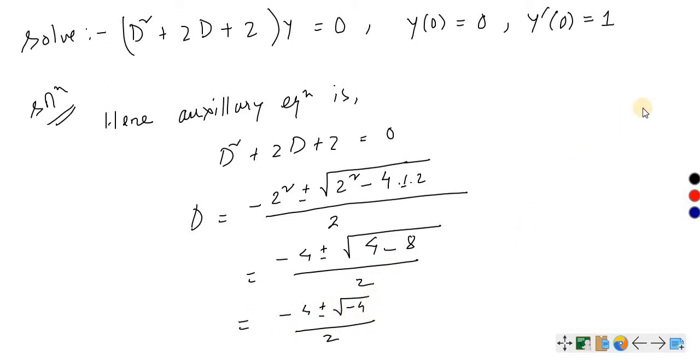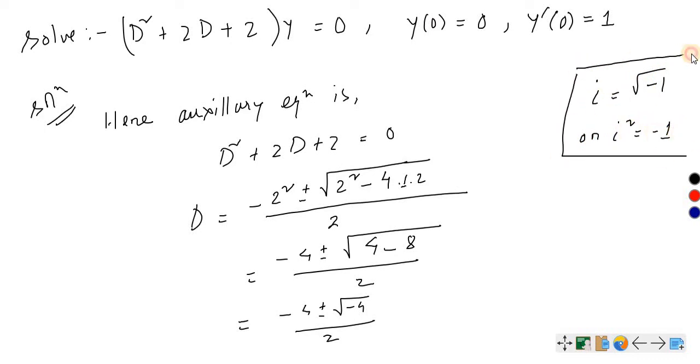Now we already know that the imaginary number i equals root over minus 1, or you can simply write i square equals minus 1. This is what we know about an imaginary number, so we are going to apply this concept here.